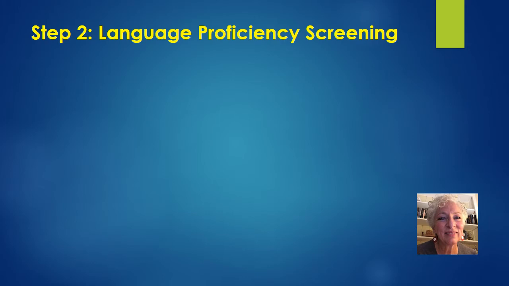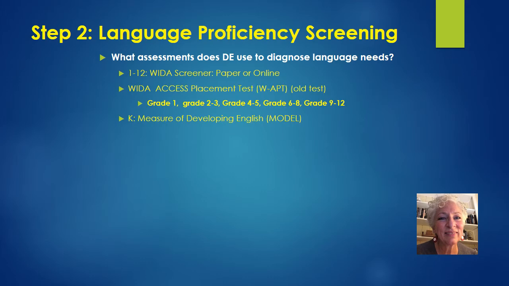So once it is determined that a student speaks other languages than English, the next step is the language proficiency screening. So the state of Delaware is actually in a state of change right now as to what assessments are being used for both screenings and the annual ACCESS tests, as many of you probably know.